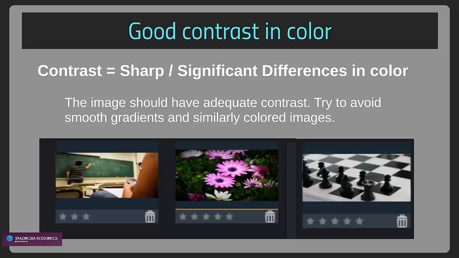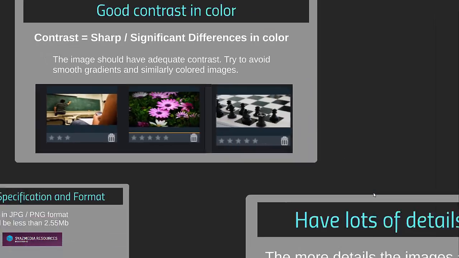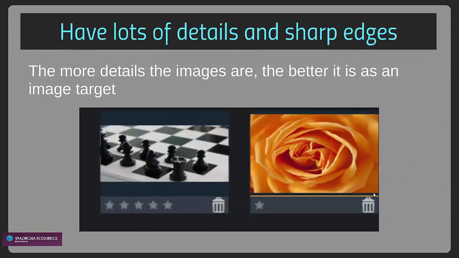You can see that all of it is a little bit yellowy and there's very smooth contrast, which makes it really hard to recognize things. Compare that to the flower, you can see all this real sharp contrast and the difference of the colors. There's the light and the dark, and also look at this black and white photo, which is also very good at color contrast.